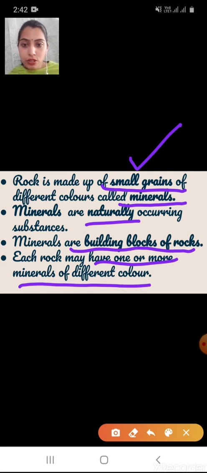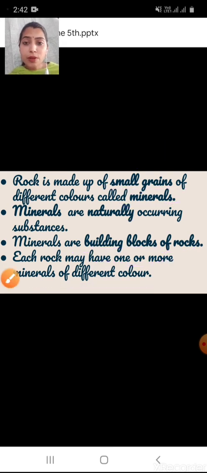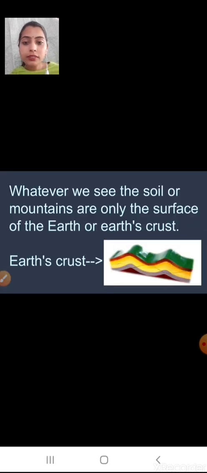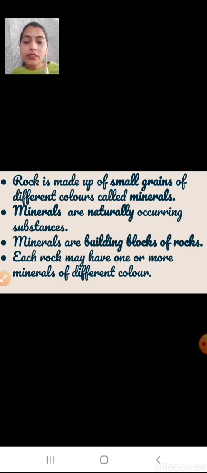Have you understood? If somebody asks you to write something on rock, what do you write? Rock is made up of small grains of different colors called minerals. Minerals are naturally occurring substances. Minerals are building blocks of rock, and each rock may have one or more minerals of different colors.